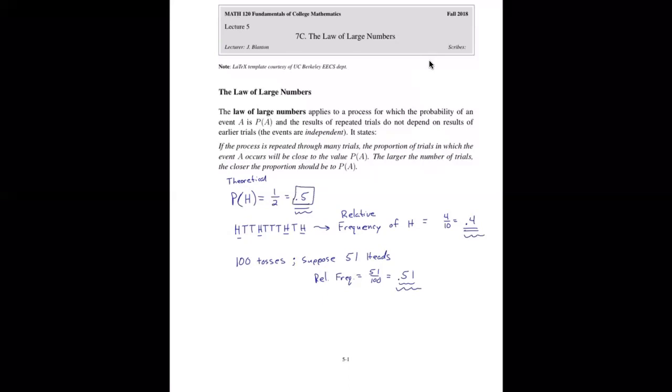So for a general event, if we're interested in an event A and it has theoretical probability A, the more we repeat these trials to observe this event, the proportion of trials in which the event A occurs will be close to the value of the probability of A. So repeated many times, right? The more we repeat this, the closer the relative frequency gets to the theoretical probability. So that's essentially the law of large numbers, okay?